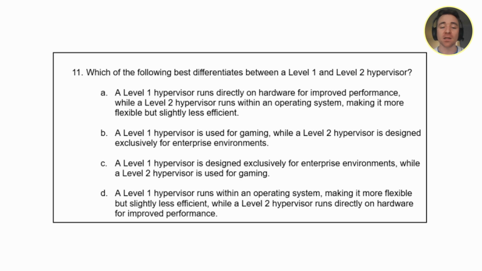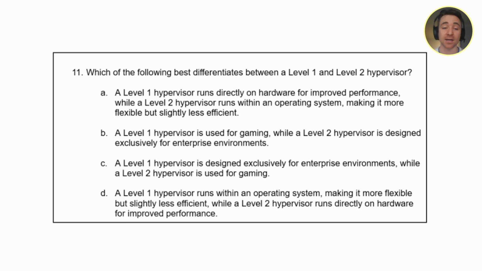Or B, a level 1 hypervisor is used for gaming, while a level 2 hypervisor is designed exclusively for enterprise environments. Or C, a level 1 hypervisor is designed exclusively for enterprise environments, while a level 2 hypervisor is used for gaming. Or D, a level 1 hypervisor runs within an operating system, making it more flexible but slightly less efficient, while a level 2 hypervisor runs directly on hardware for improved performance.